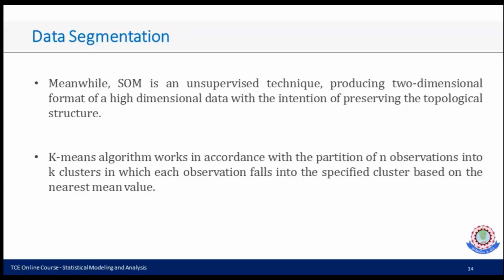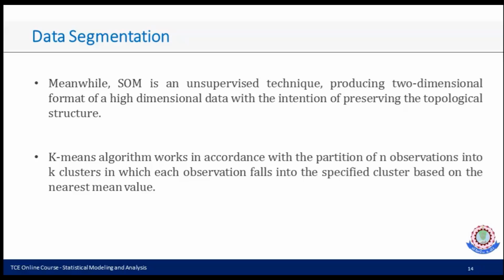The second category contains self-organizing maps and k-means clustering. The self-organizing map allows us to visualize and cluster high-dimensional data in a low-dimensional grid of neurons. In general, a self-organizing map is a feed-forward network with two layers.